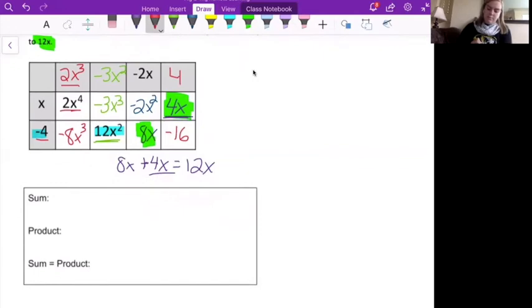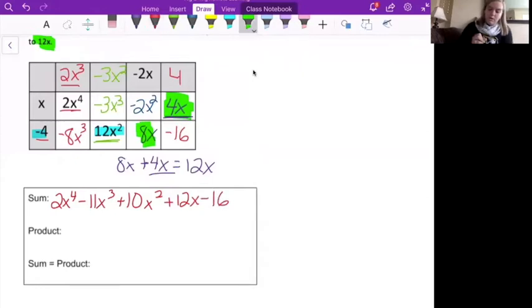Our sum is, again, whatever is inside our general rectangle. So this is 2x to the fourth minus 11x cubed plus 10x squared plus 12x minus 16.